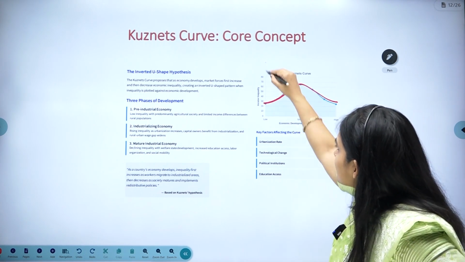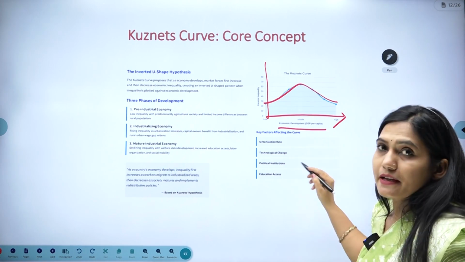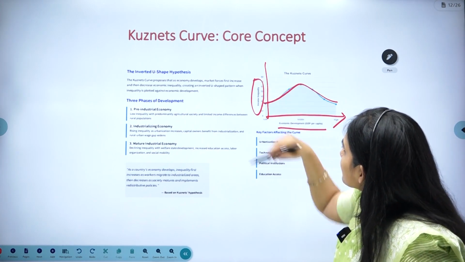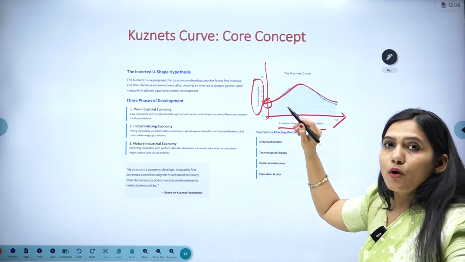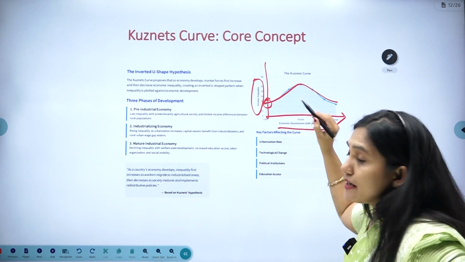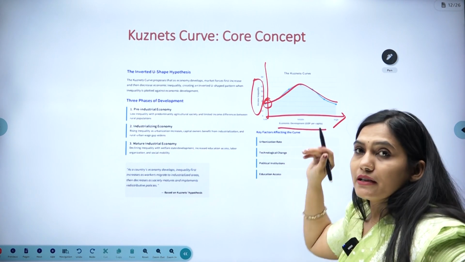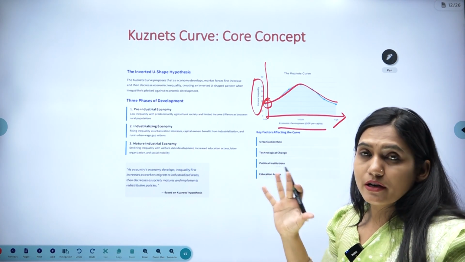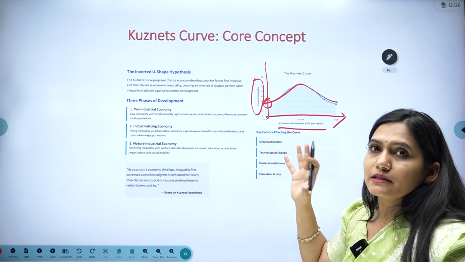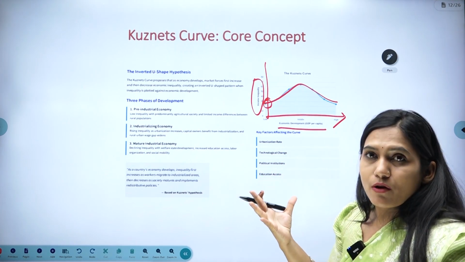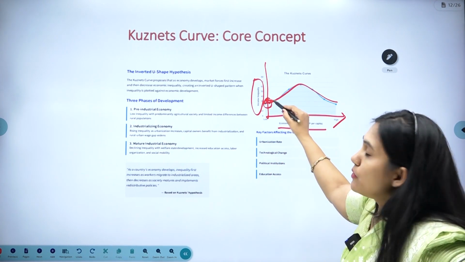Okay, as you can see here, on the x-axis economic development is there, on the y-axis income inequality is there. So initially, when the society was depending on primary industries, when society was primarily agrarian, at that time there was not much urban-rural migration, and the lifestyle was also simple, so income inequality was also lower.